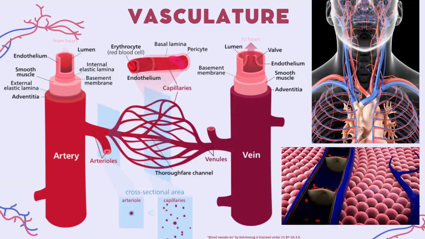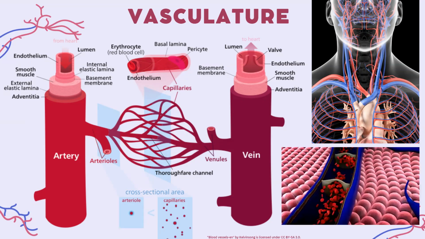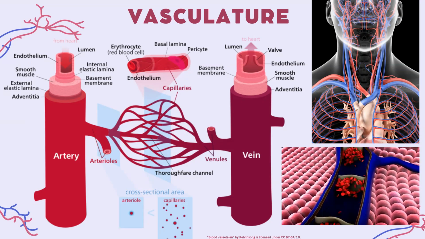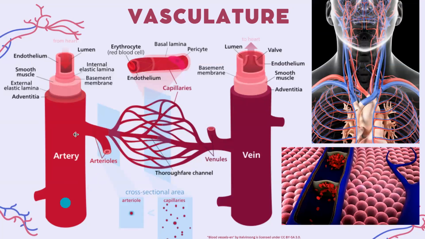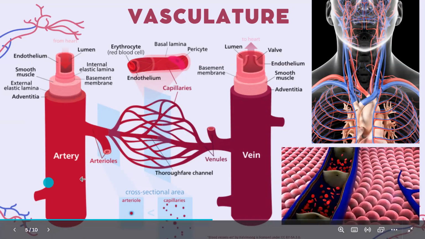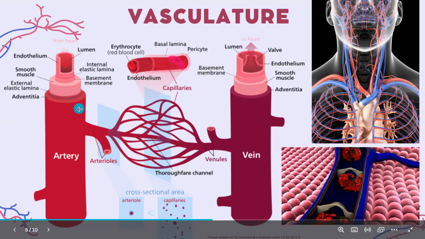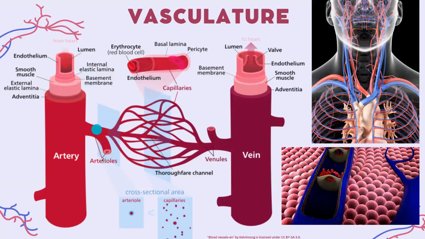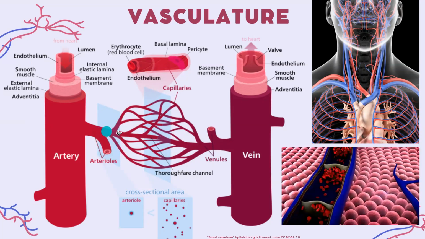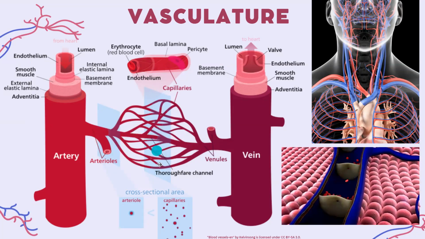Veins are going to carry blood back to the heart from the body's tissues after it's already been utilized. So we start with large arteries. As our arteries get smaller, we call them arterioles. And then our arterioles are eventually going to blend into our capillary bed.